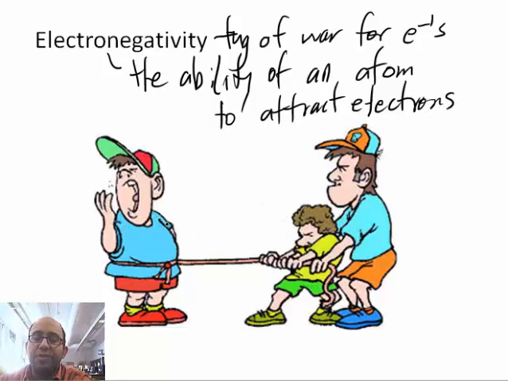So if you have two teams that are pulling against each other, right, and one team is much stronger than the one on the left, it pulls all the electrons away from the other team. Remember, the tug of war is for electrons. If they pull evenly, that would be a different kind of bond because the rope wouldn't go anywhere. And there's a third kind of bond where one side's pulling a little bit more than the other. And we're going to talk about those kinds of bonds that result from those three kinds of pulling.